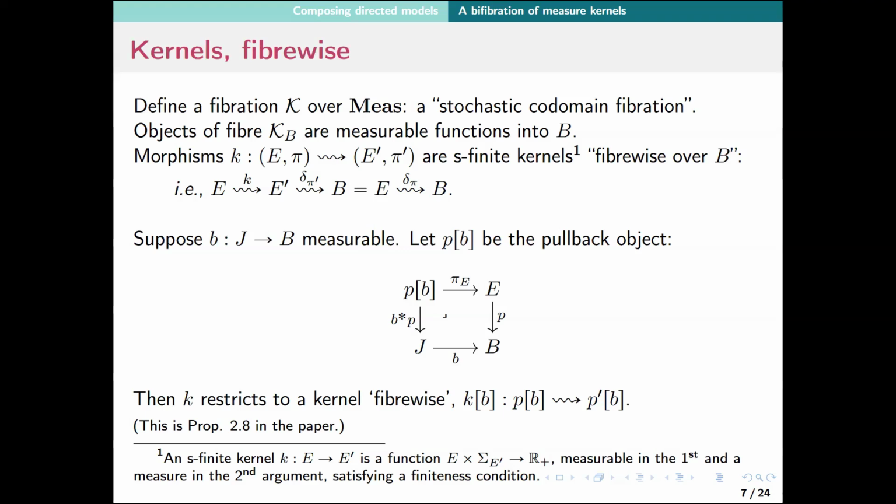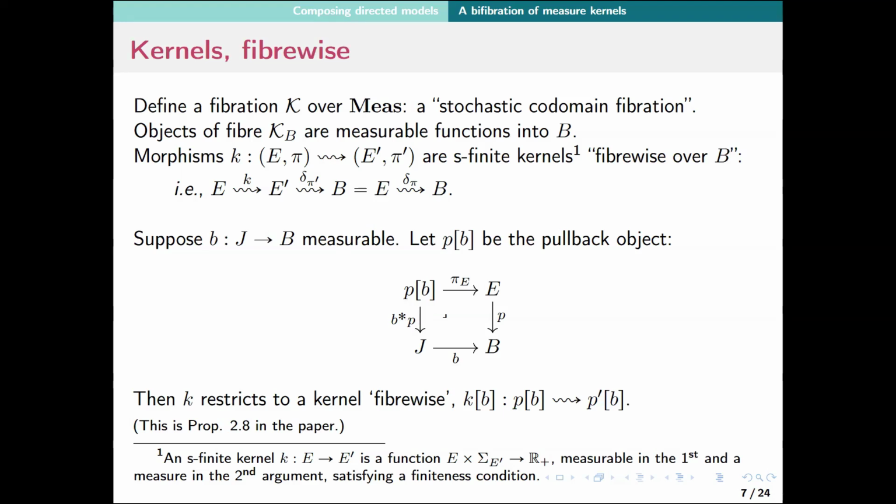And I want to build a fibration of these. The way I'm going to work is just by analogy with sets and functions. You may know about something called the codomain fibration, or the arrow category, which has a bifibration structure. There your objects are functions into some base object, which I'm calling B. These represent bundles, collections of sets indexed by some base. Here I'm going to be doing the same thing for my objects, so I work with measurable functions in my base.